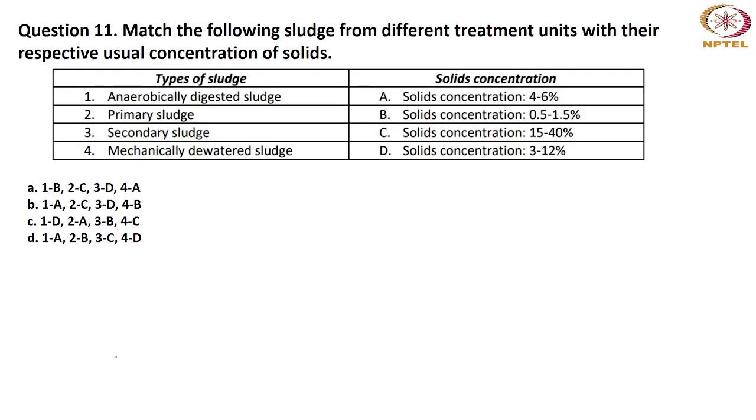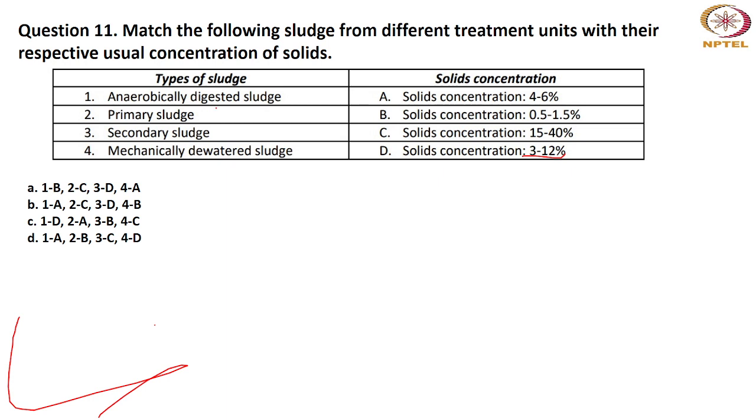So the correct option is C. For anaerobic digestion sludge, the solid concentration is around 3 to 12%.